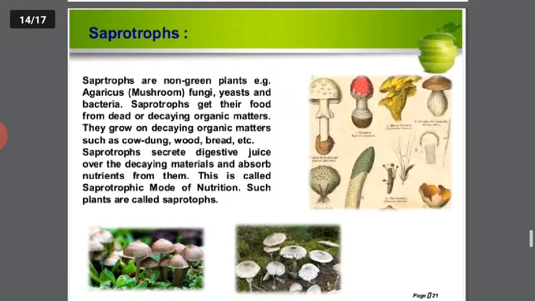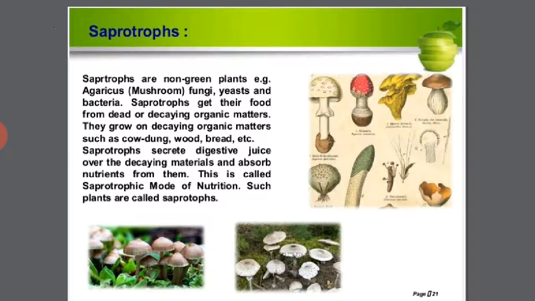Okay, saprotrophs. Saprotrophs are non-green plants. Examples: mushroom, fungi, yeast, and bacteria. Saprotrophs get their food from dead or decaying organic matter.